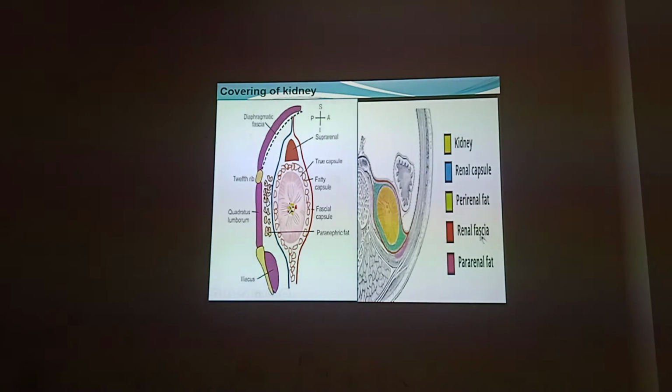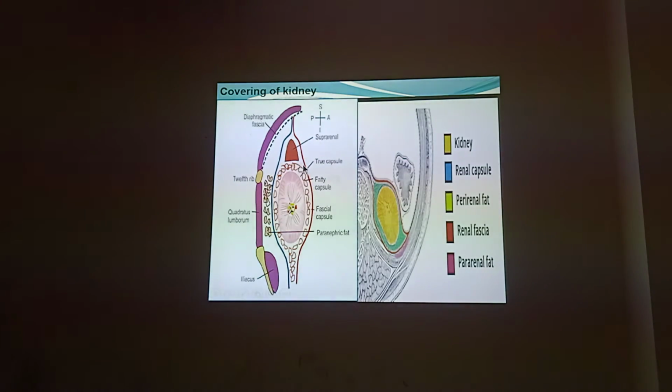Very important, renal fascia. How it encloses, you can see this is the anterior lamina where my cursor is going, and this in blue color is the posterior lamina. The anterior lamina is also known as fascia of Toldt, and the posterior lamina is also known as fascia of Zuckerkandl.